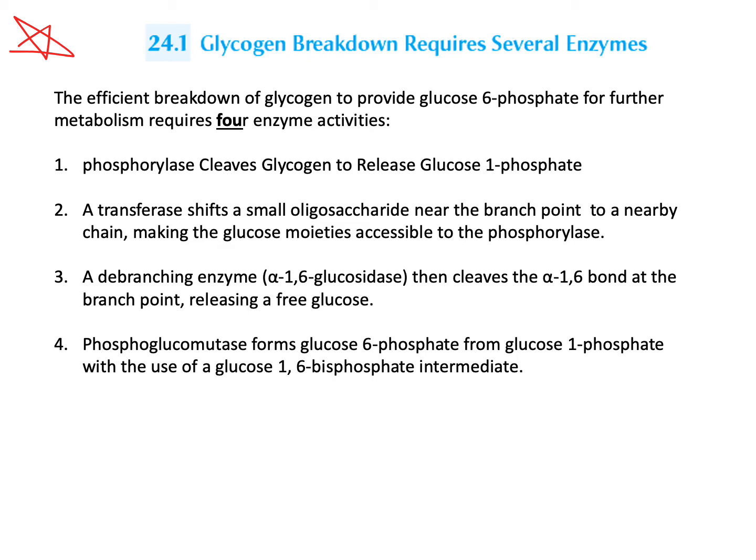Then a debranching enzyme, alpha-1,6 glucosidase, cleaves the alpha-1,6 bond at the branch point, releasing a free glucose. Then phosphoglucomutase forms glucose 6-phosphate from glucose 1-phosphate with the use of a glucose 1,6-bisphosphate intermediate.